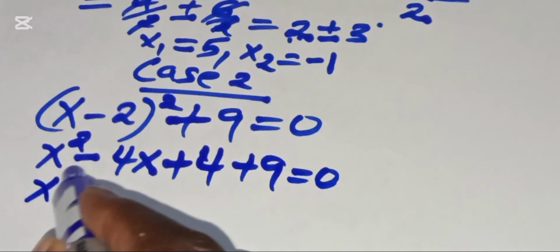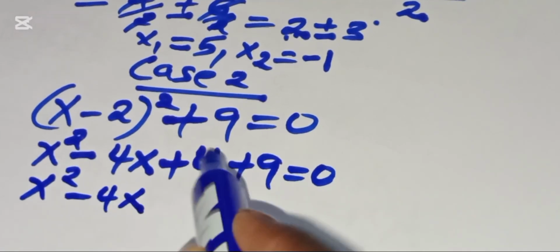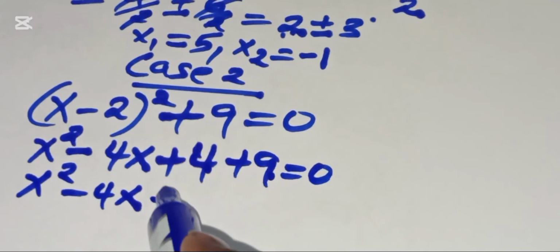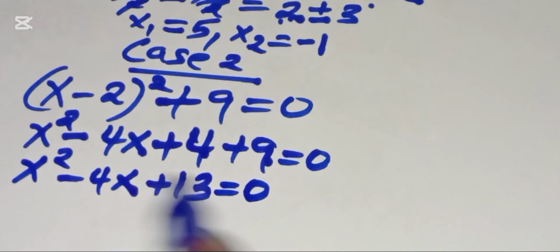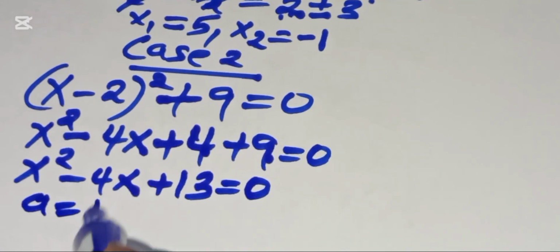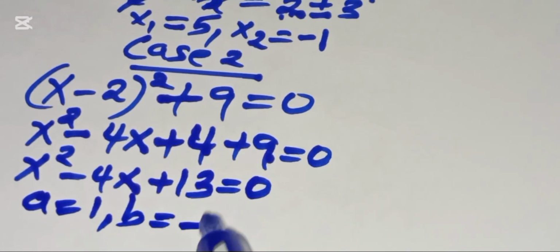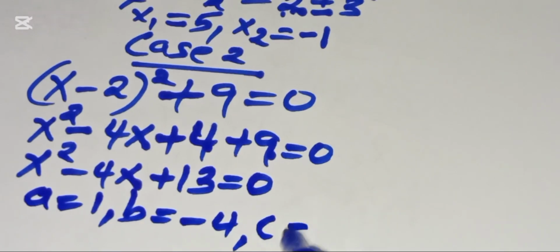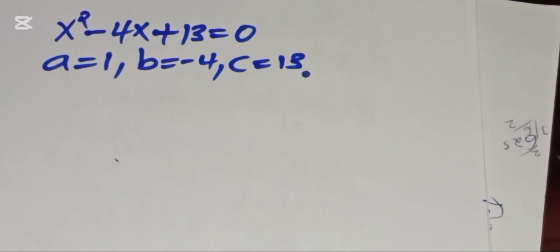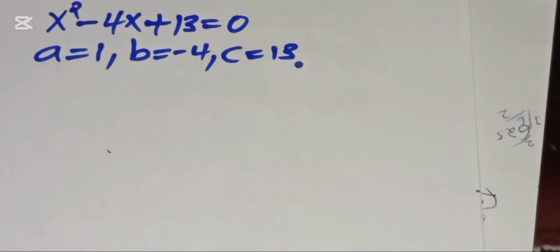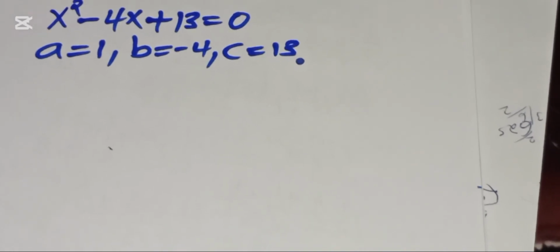Now this is x squared subtract 4x, and 4 plus 9 is 13, equal to 0. This is a quadratic equation with a equal to 1, b equal to negative 4, and c equal to 13, which is x squared minus 4x plus 13 equal to 0.